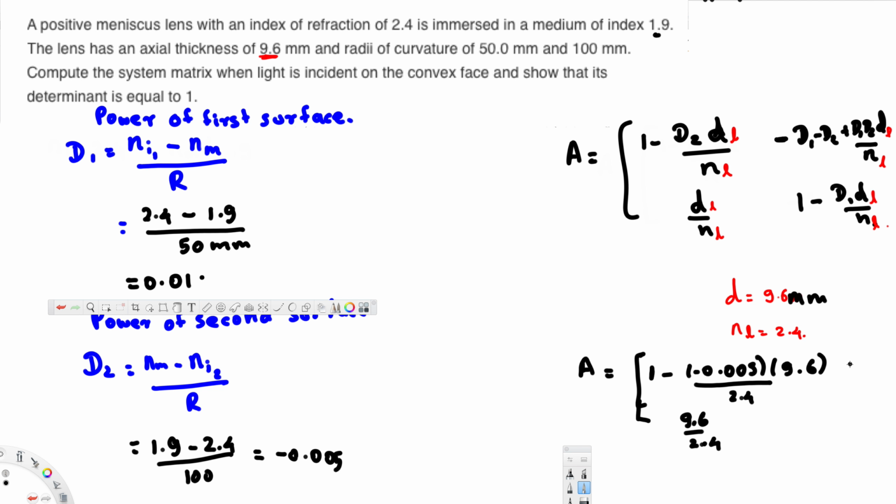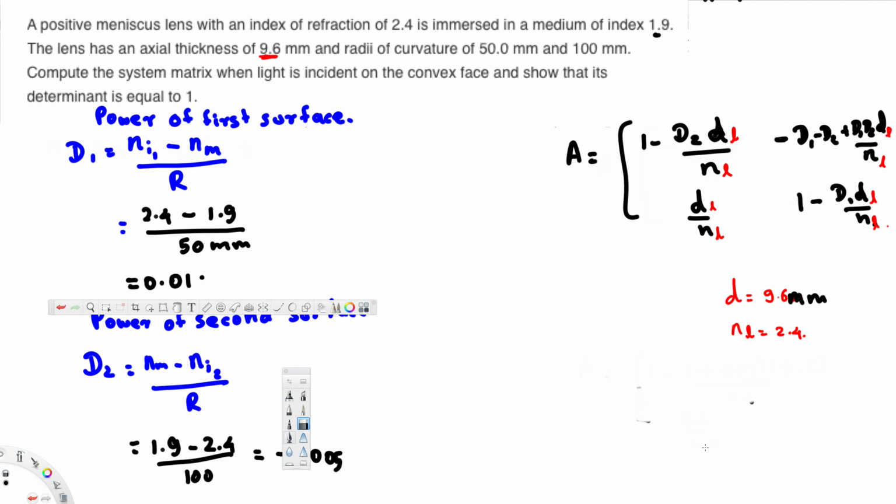On the other side we need to have a big space. Let's get rid of this, and also let's write it in a different color.